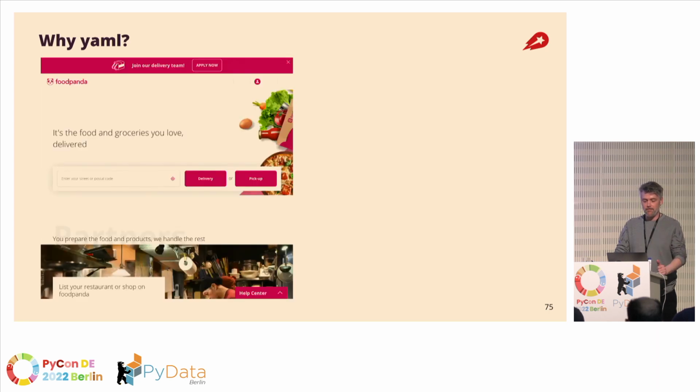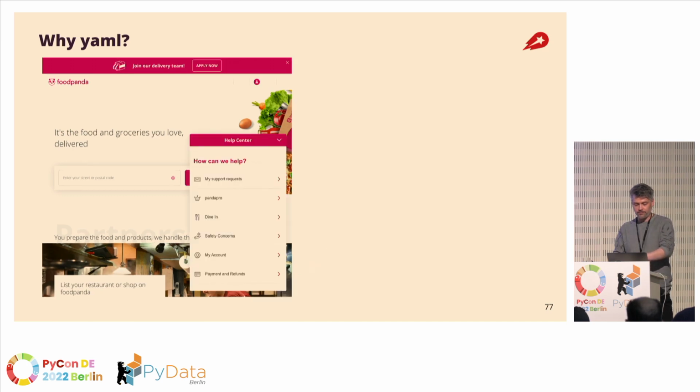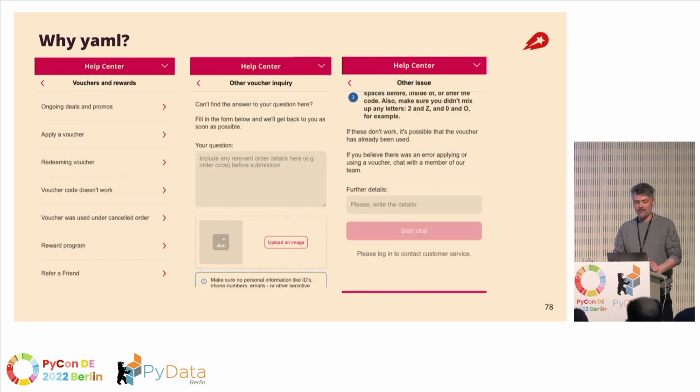But this is the Delivery Hero website in Singapore, foodpanda.sg. This part of the website, the Help Center, which is embedded in the apps as well, is a Python backend. It's essentially a tree structure that lets the user either resolve a problem themselves or finally drill down into a chat or a case.